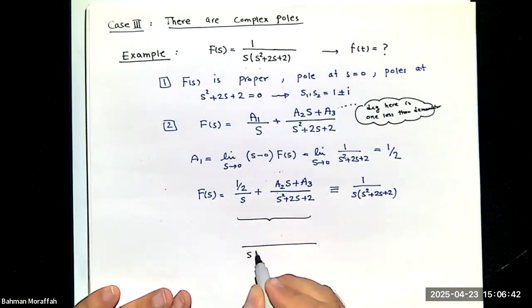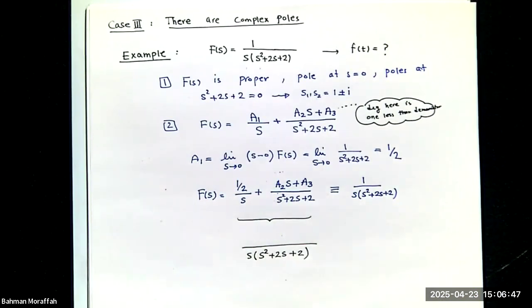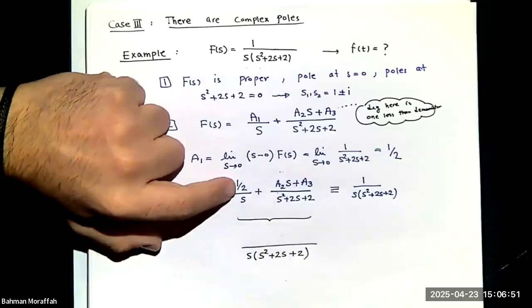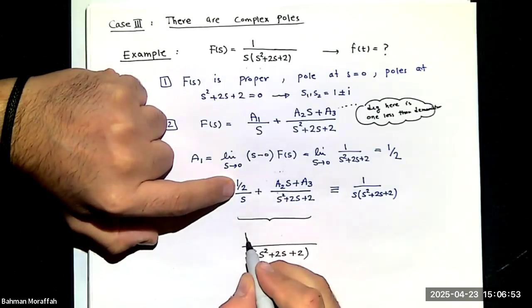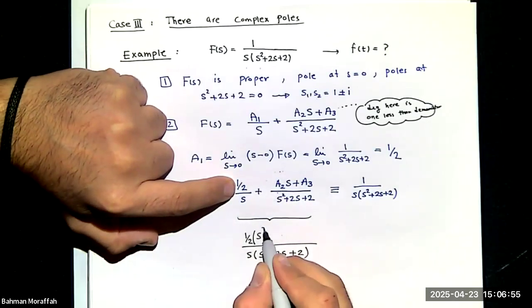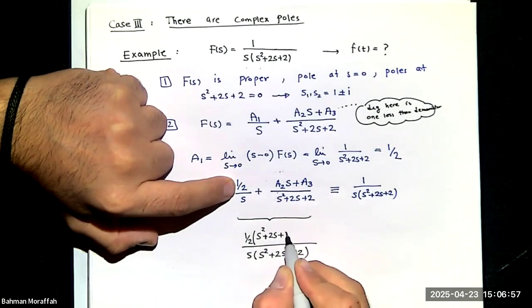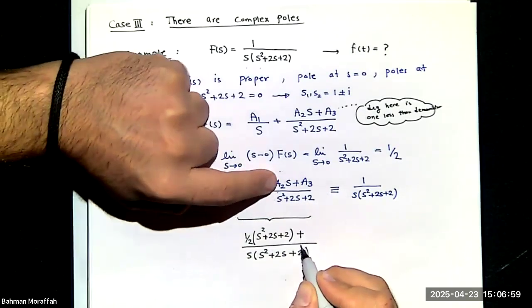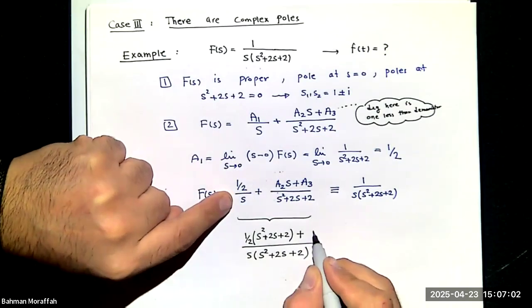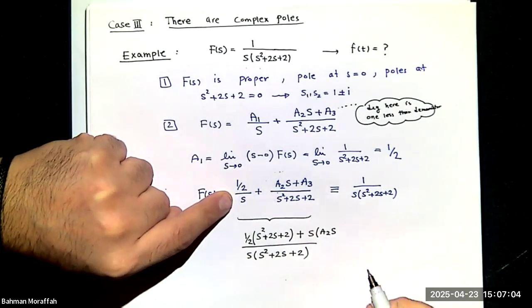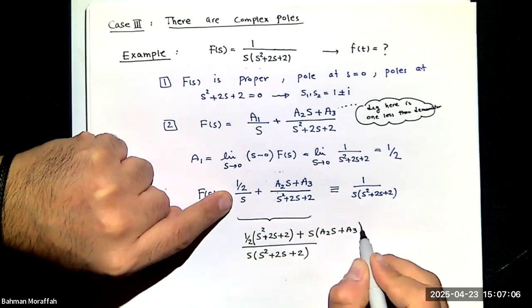Well, it is s times (s squared plus 2s plus 2). For this one I have one half times (s squared plus 2s plus 2). For this term here, I have to multiply it by s, so I have s times (A2 s plus A3).